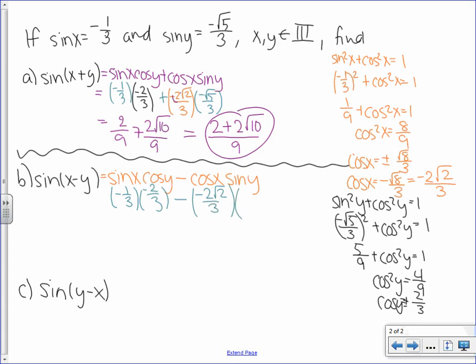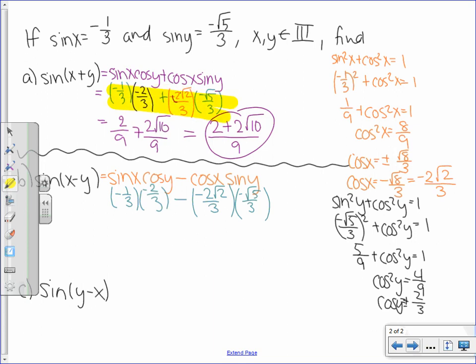And then the sine of y they gave me, which was negative the square root of 5/3. Really the exact same thing that was in this line, except it's got a minus instead of a plus. Whoops, got to switch. There we go.